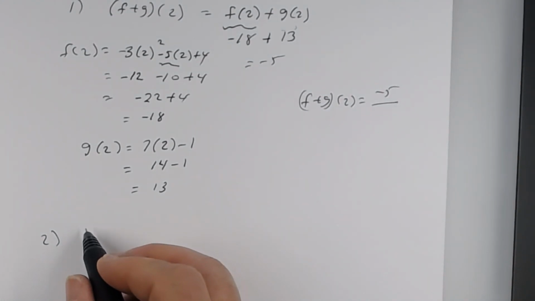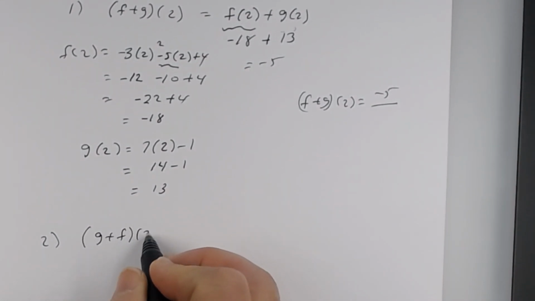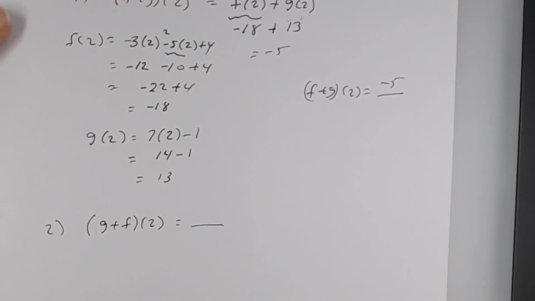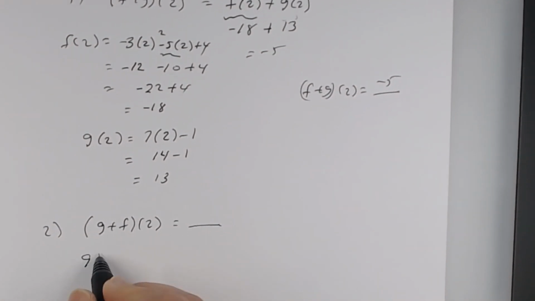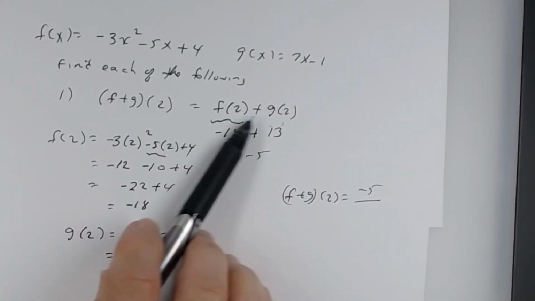So I'm going to ask you this now. Let's suppose I asked you, then what is g plus f at 2? But the question is, if you found number 1, you think number 2 is going to be different? No. Because number 2 in your mind is still saying g of 2 plus what? F of 2. Well, f plus g at 2 is f of 2 plus g of 2.